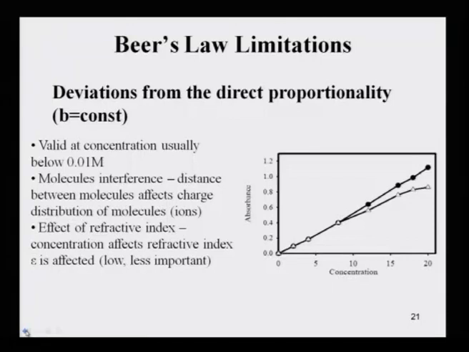Molecular interference: distance between molecules affects the charge distribution of molecules, particularly in the case of ions. Effect of refractive index: concentrations affect the refractive index, and therefore molar absorptivity is affected. So, either it will be low, or the linear graph is no more linear.